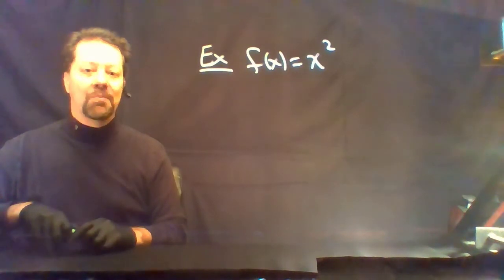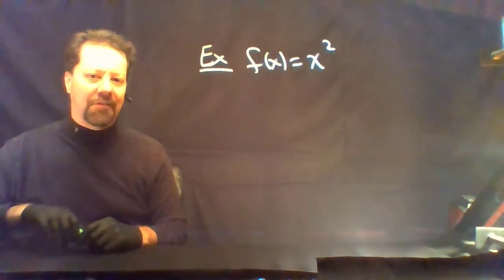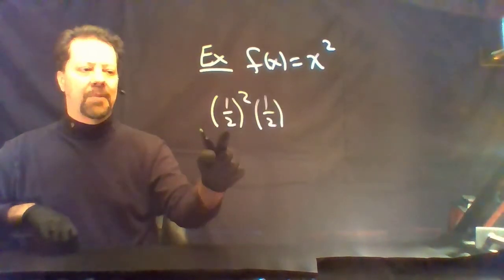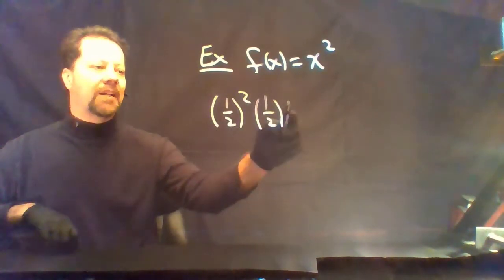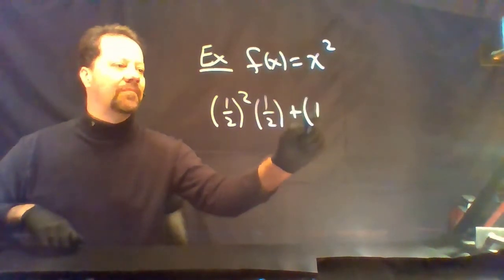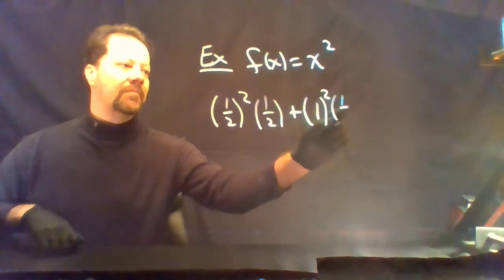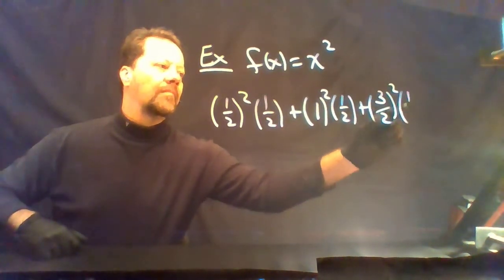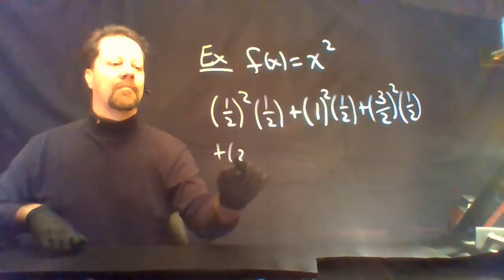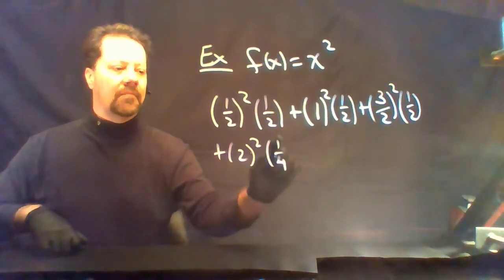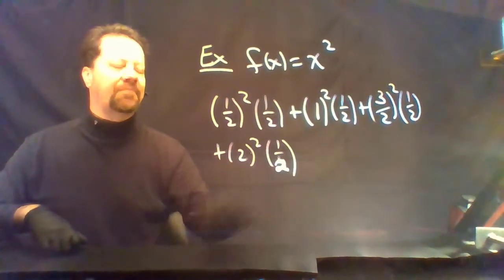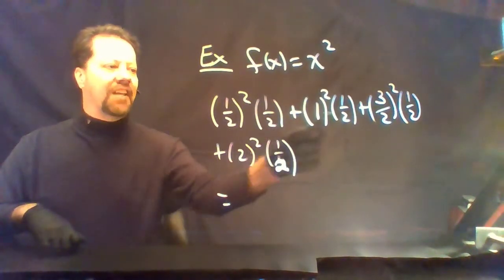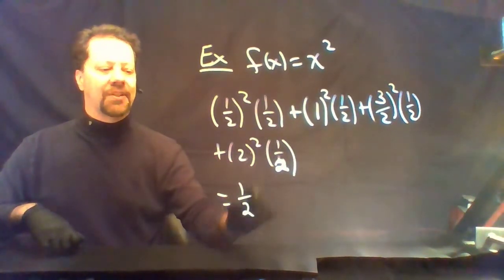We could have done this more simply without the use of all these high-powered formulas. We could have said the partition points get squared and then multiplied by delta x. Oops, 1/2. 1/2 can be factored out of the entire expression.